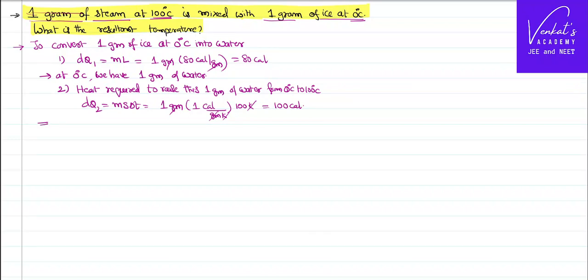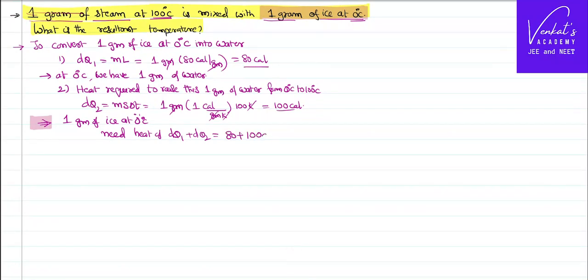That implies we can say this 1 gram of ice at 0 degree centigrade needs heat of how much? dq1 and dq2. dq1 is 80 calories, dq2 is 100 calories, that is 180 calories.